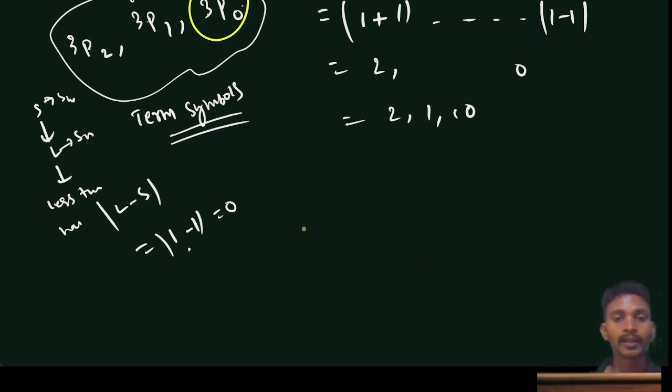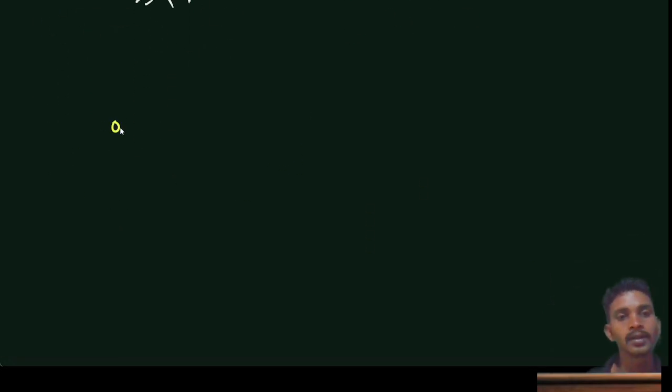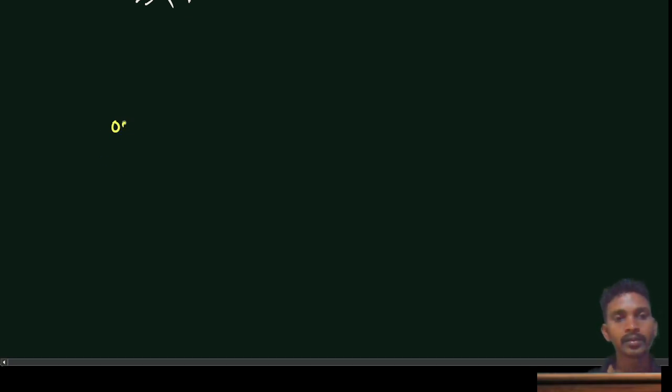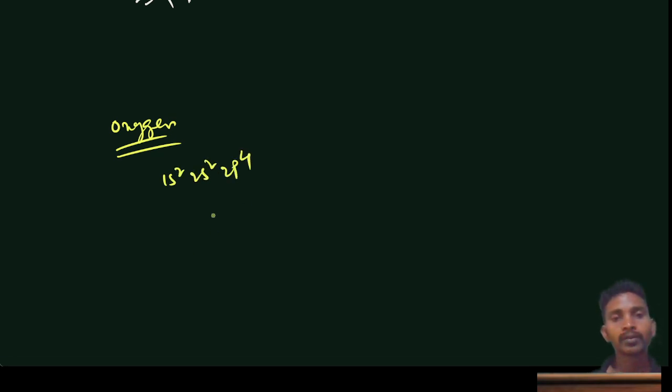Okay, similarly if I go for oxygen, let's take oxygen. For that the configuration is 1s2 2s2 2p4. Here you see these are the valence electrons, so I will pull out the valence electrons.